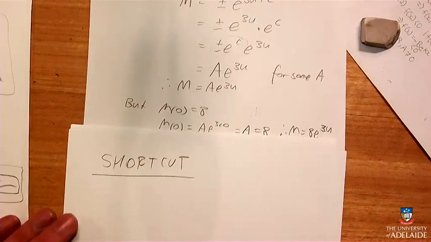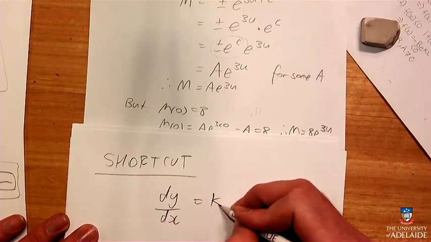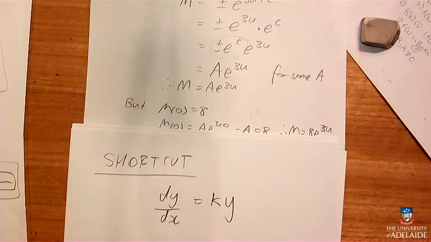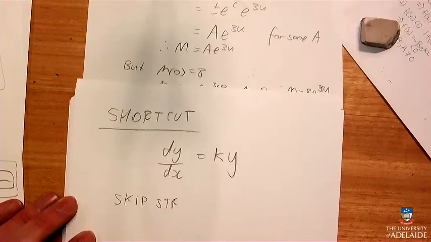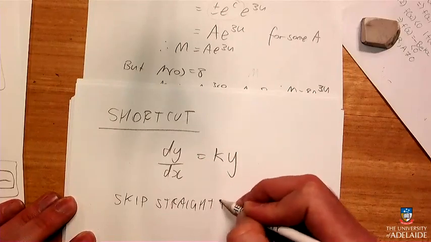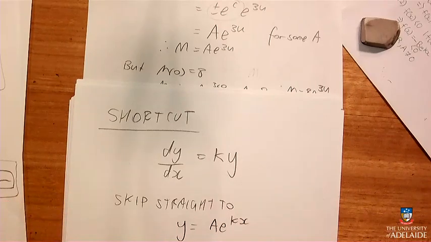If you see something that is dy, or d whatever, on d whatever, and it's a multiple of y, importantly, this is not x, it's y, if you see that, you're allowed to skip straight to y equals A e to the kx. Or if it was P and t, you would have P equals A e to the kt, and so on. Okay? It's a shortcut, but if you can't remember it and you know how to do separable, you can always figure it out.